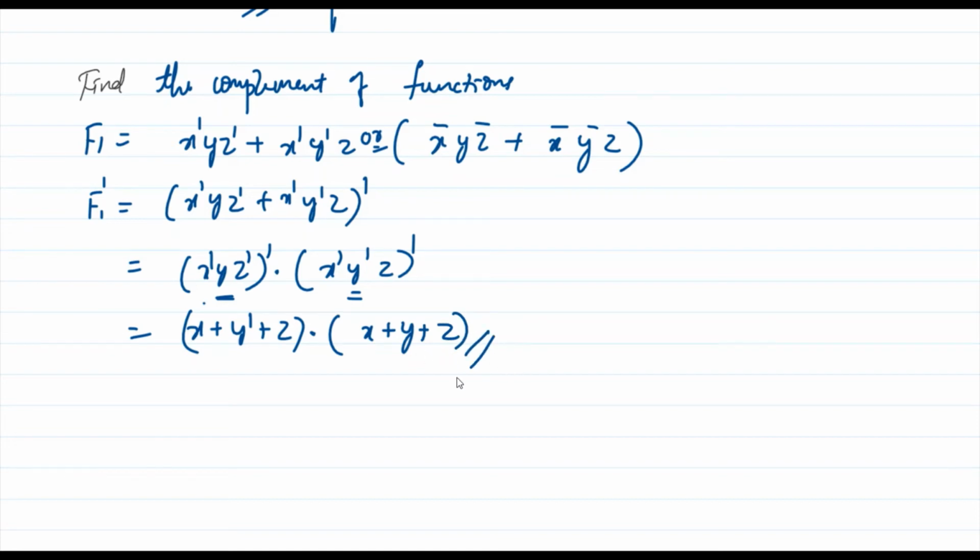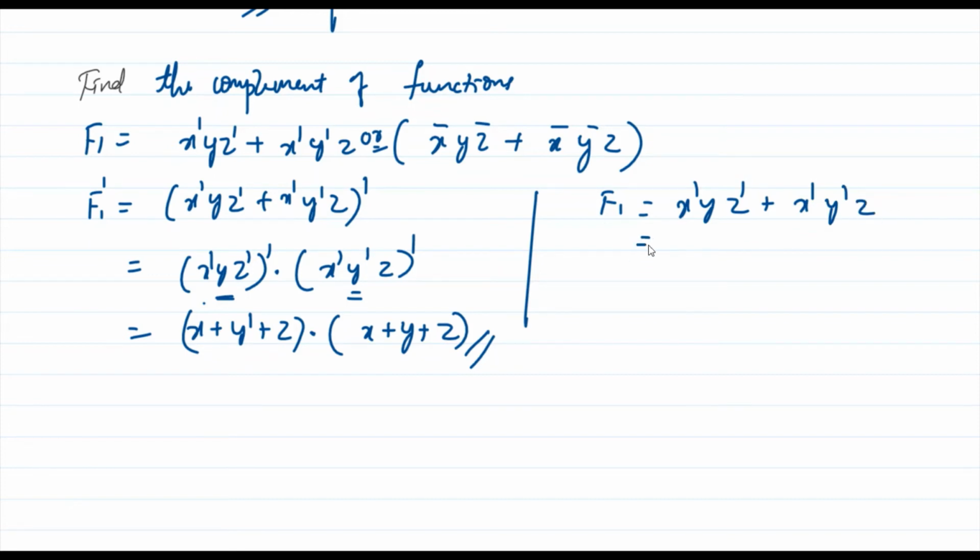To understand this, a very simple procedure is, wherever a literal is primed, you make it unprimed. Wherever dots are there, you put plus. Okay, once again I will tell you. The simple procedure for this is, taking the same example again, f1 equals x prime y z prime plus x prime y prime z.